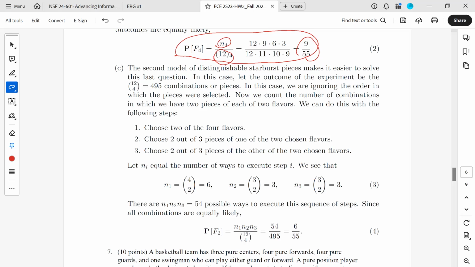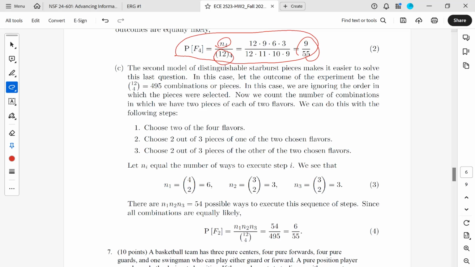Now that we have two flavors, how many ways could I pick two candy from flavor 1? Each of them has 3 elements, but I need 2 out of each. So how many ways could I draw 2 candy out of the 3 candy of the first flavor that I chose?